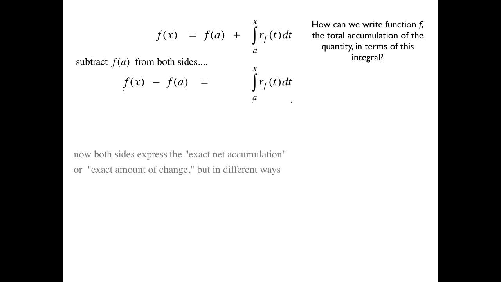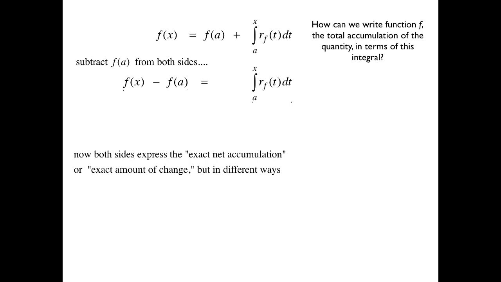So both of them are expressing net accumulation, but in different ways. The left side, how is it expressing net accumulation? Okay, so it could be closed form. That's right. That's where we're going with this. But what does f of x minus f of a represent? How does it represent the accumulation from a to x?